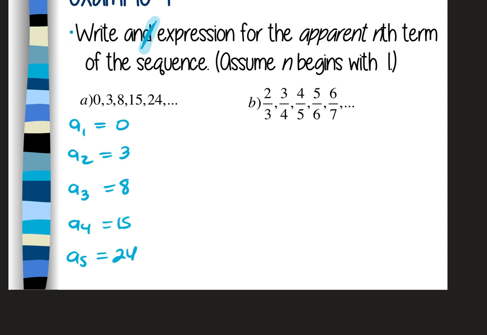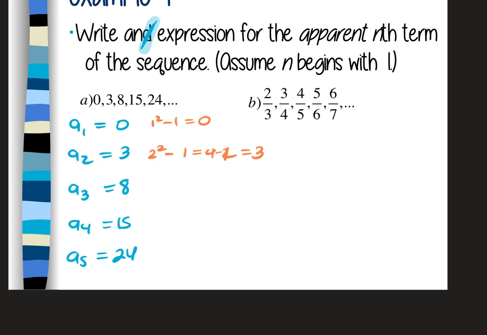So what else can I do? Square it and subtract 1. If I square 1 and subtract 1, that gives me 0. If I square 2 and subtract 2, does it give me 3? No. But if I subtract 1, now it gives me 3.